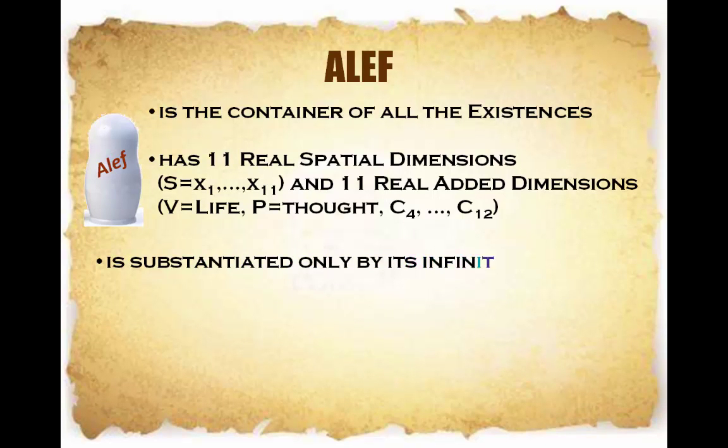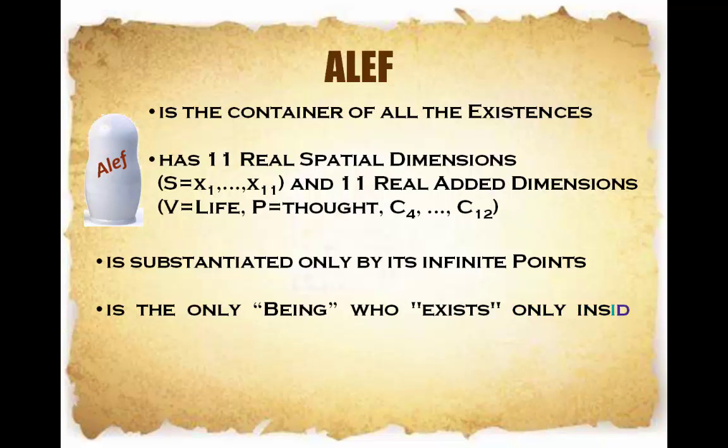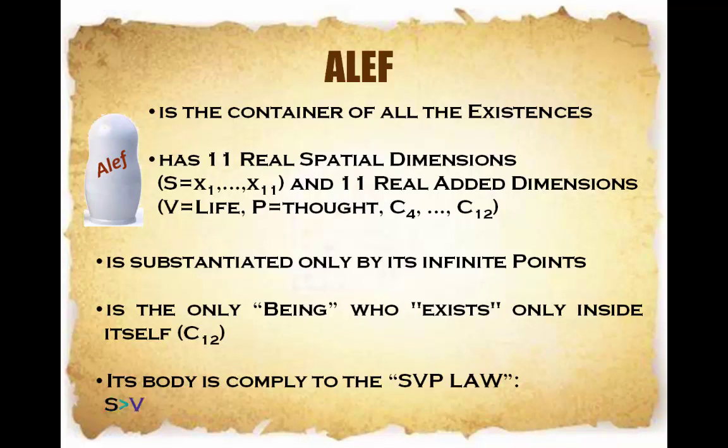Aleph is substantiated only by its infinite points. Aleph is the only being who exists only inside itself. By means of C12, the body of Aleph complies with the SVP law: S > V > P > C4 > C11 > C12.